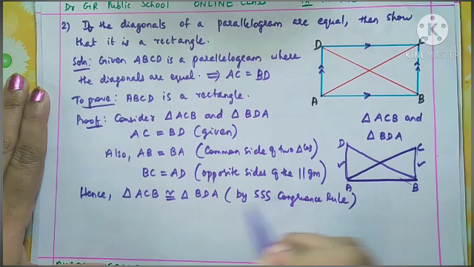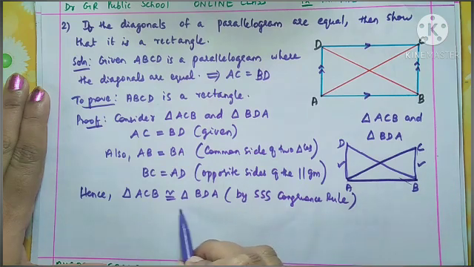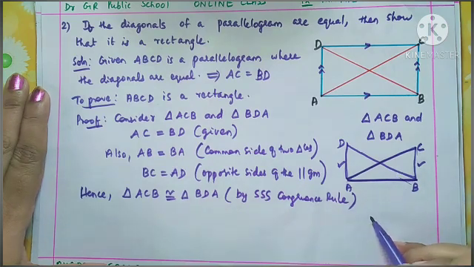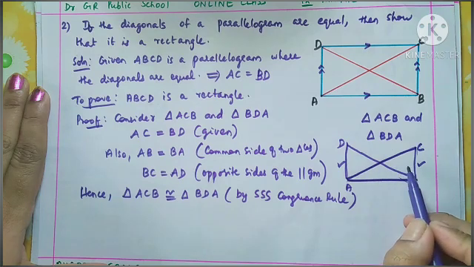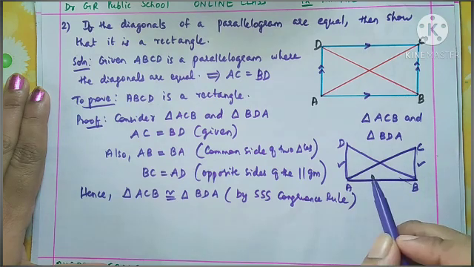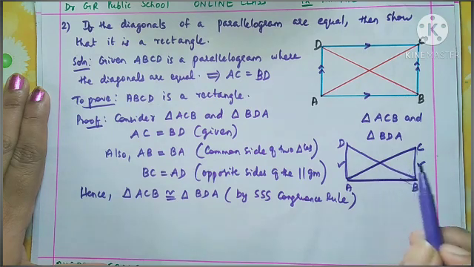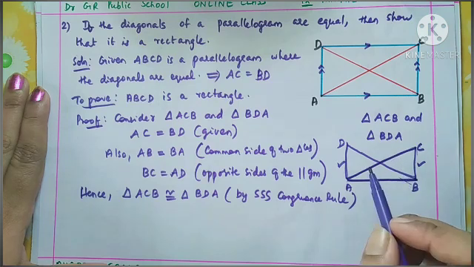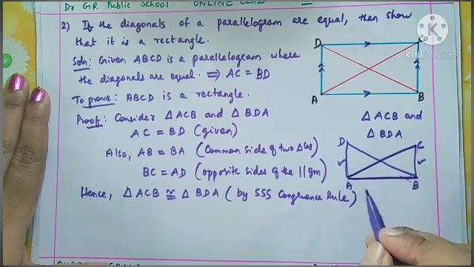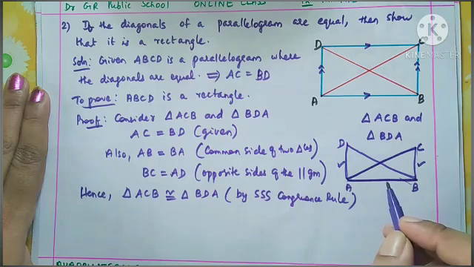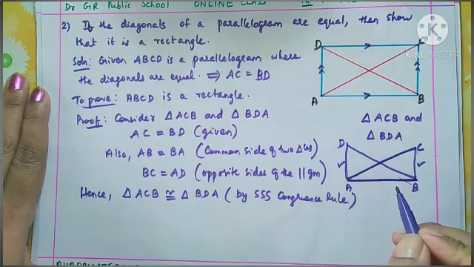Now, when we proved these two triangles are congruent, what you can say? When two triangles are congruent, by corresponding parts of congruent triangles CPCT, by that rule we can tell any corresponding parts are equal. Okay.